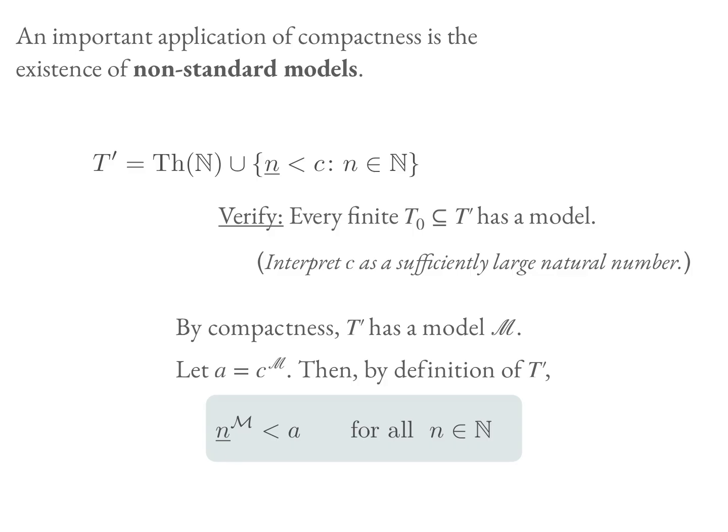Now, since every finite subtheory T0 of T prime has a model, by the compactness theorem, we infer that T prime has a model.